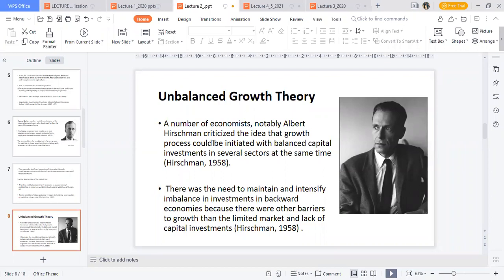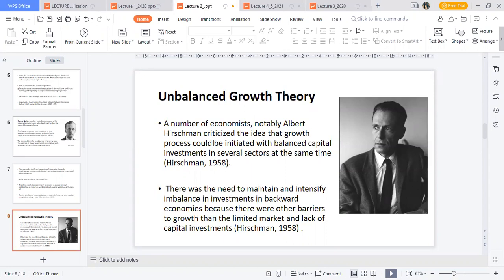A number of economists, notably Albert Hirschman, criticized the idea that the growth process could be initiated with balanced capital investment in several sectors at the same time. There was a need to maintain and intensify imbalanced investment in backward economies because there are other barriers to growth, limited markets and lack of capital investment.